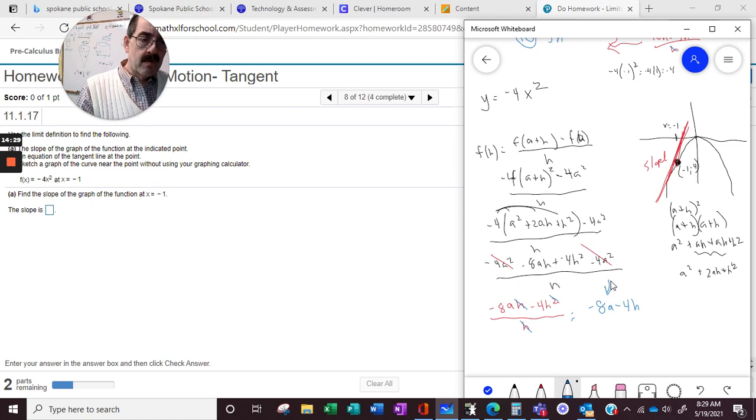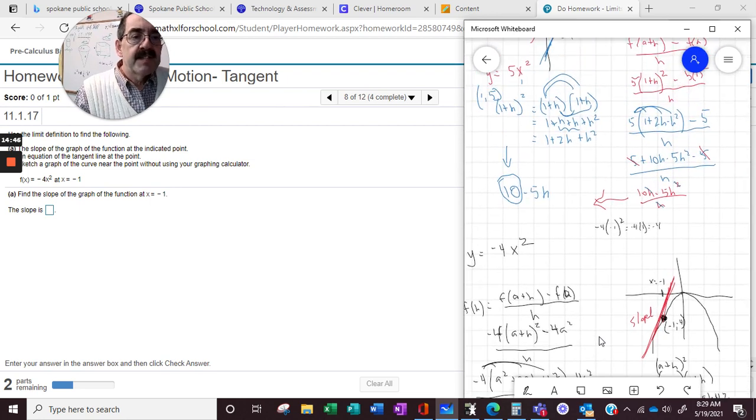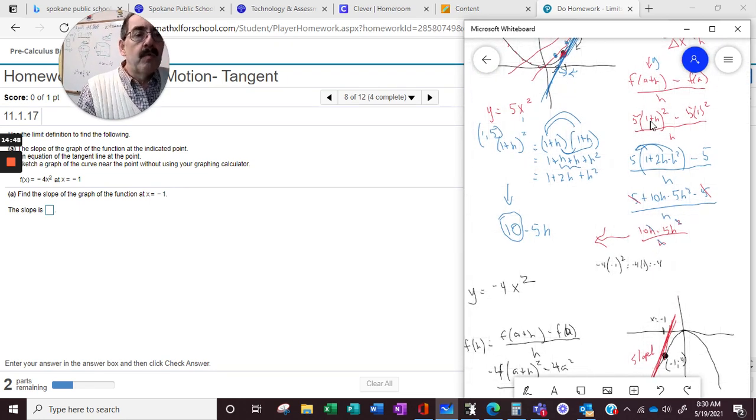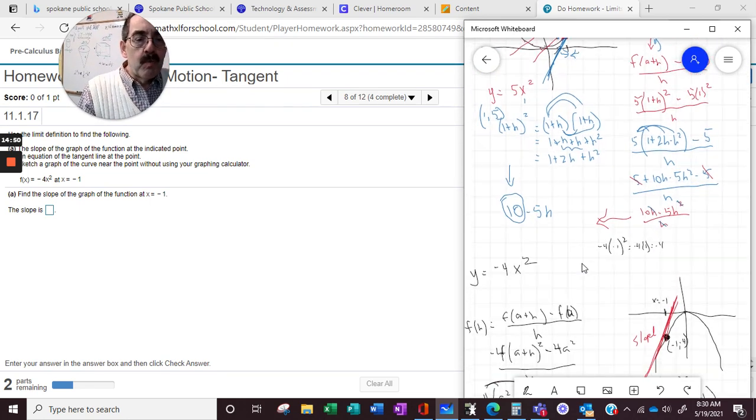Now, at negative 1, a is our negative 1, where a equals negative 1. We could have plugged that in earlier to make it a little bit simpler. I should have done that, because that's how our sample problem was. The sample problem was when it was equal to 1, so we put the 1 in there.